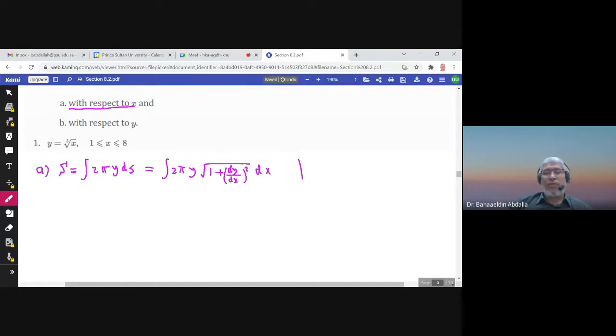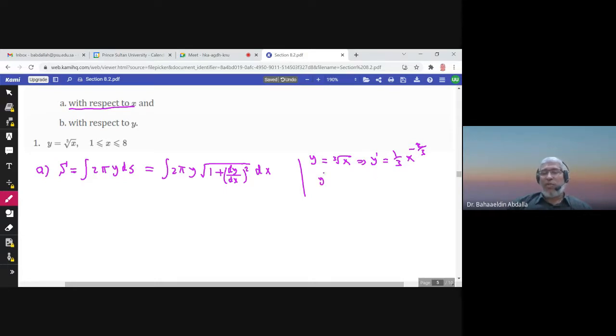Now I need, of course, y here to be written as a function of x, which is the case. y is cube root of x. So y prime is, this is x to the power 1 over 3. So y prime is 1 over 3, x to the power 1 over 3 minus 1, or negative 2 over 3.